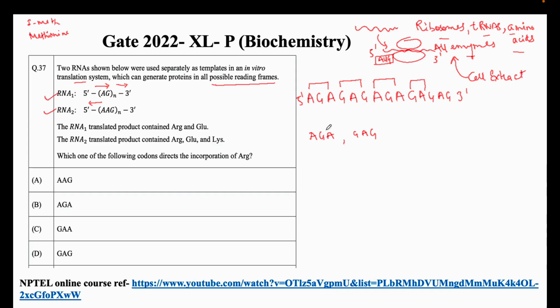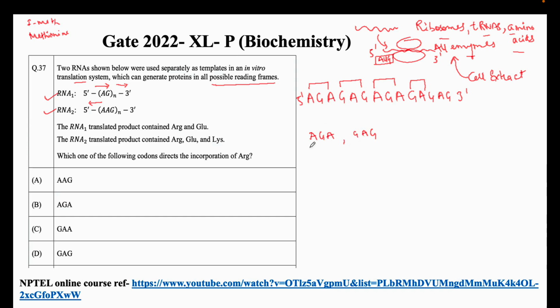AGA could be either arginine or glutamate. Similarly, GAG could be either arginine or glutamate. We don't know that as of yet. So in the first reading frame we get these sequences.